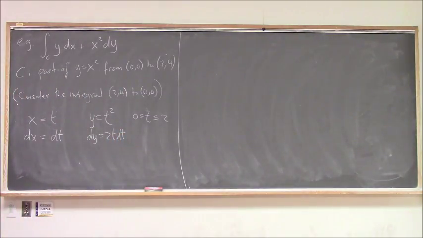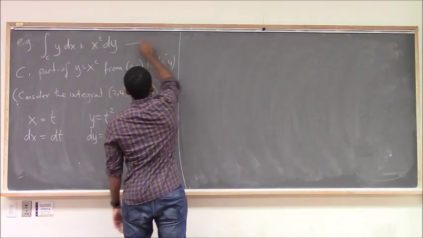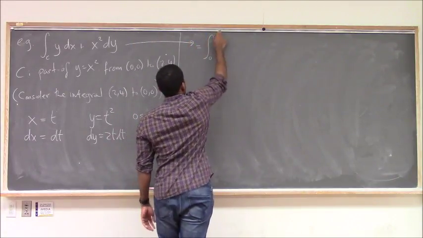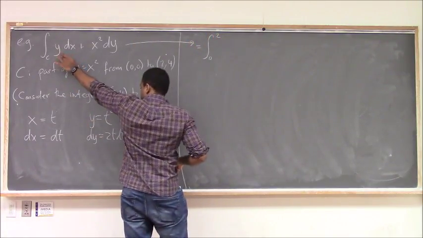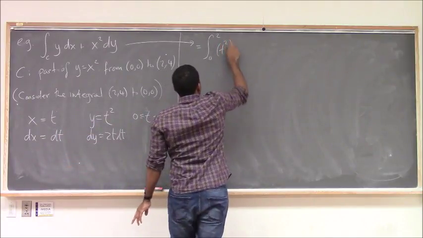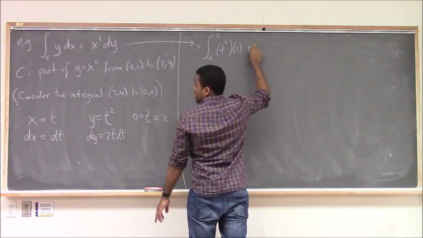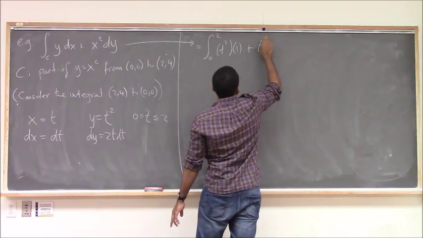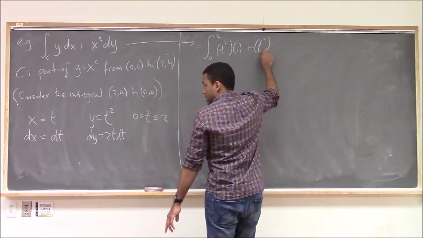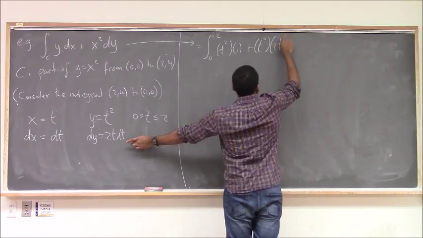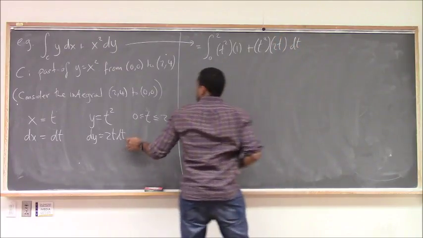And now we can just plug in. So this guy is just equal to the integral from 0 to 2. My y is t squared, my dx is just dt, 1 plus x squared, times my dy is 2t. And I can factor out the dt at the end.